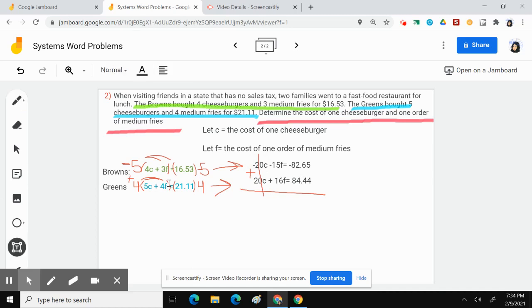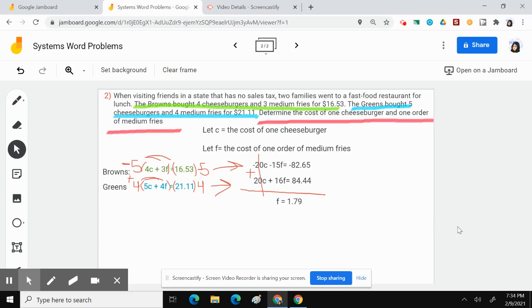When I do negative 15F plus 16F, I'm just left with 1F. Now when I do negative 82.65 plus 84.44, I get 1.79. So this is the cost for a medium fry.